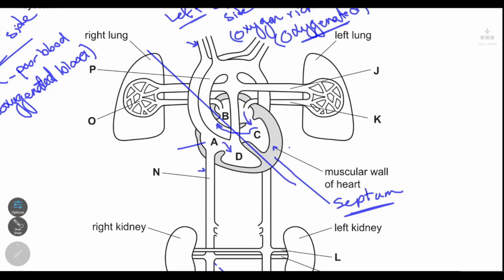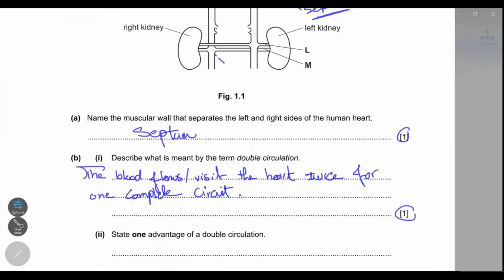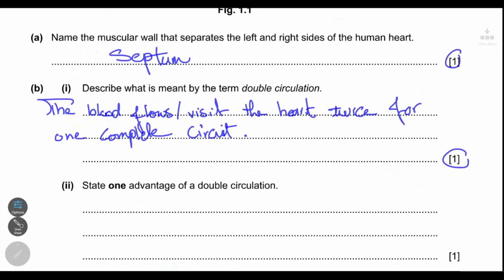Even if you look here, the muscle of the left ventricle is much thicker than the muscle of the right ventricle. Why? In order to pump the blood with a higher blood pressure to all of the body parts. So we can say the first advantage is to gain higher blood pressure.